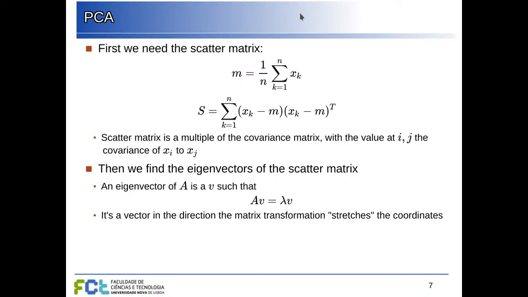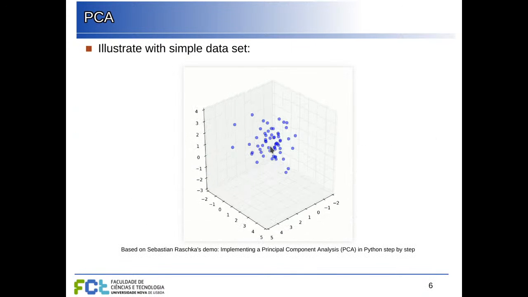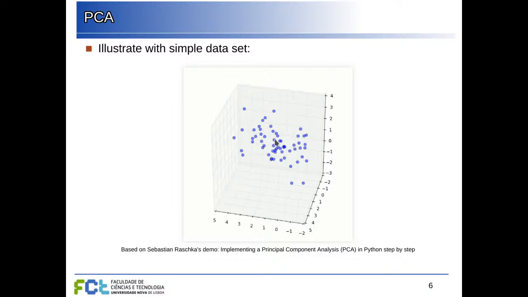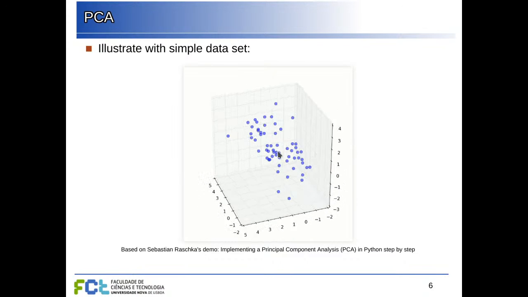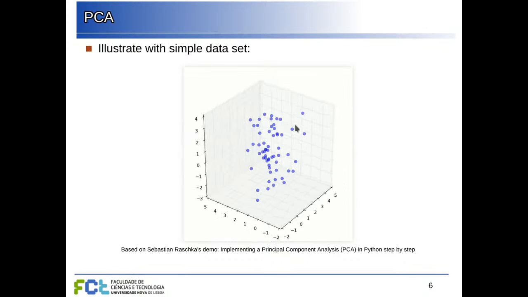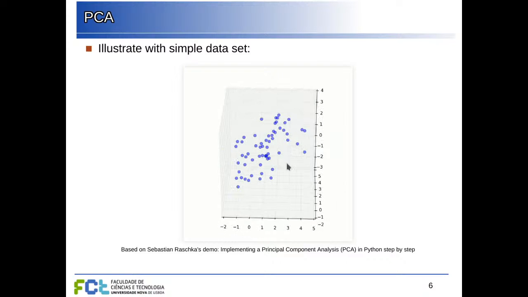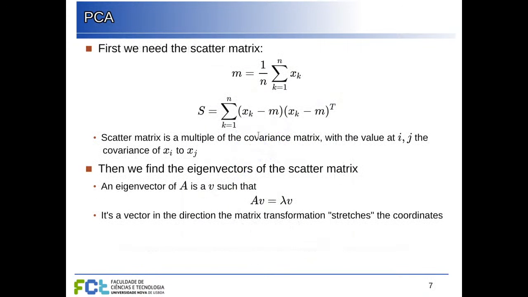So we are going to compute the scatter matrix, and this is done by looking at the vector from the middle of our cloud of points, the midpoint, so the average of all the coordinates, to each individual point. So you can imagine that there is a vector from the midpoint to this point and another from here to this, and so on. So we have this set of vectors issuing from the center.